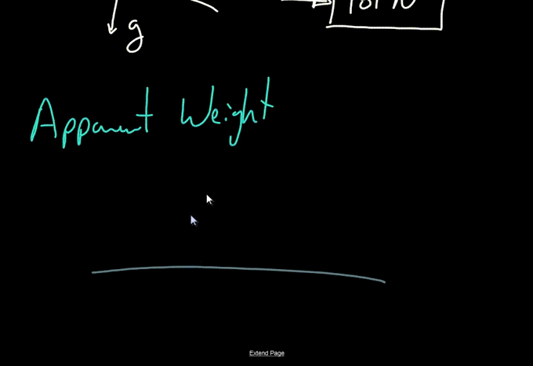Here's some object sitting on the surface of Earth, a nice square box. We know that there is a force of gravity acting on here, which we call weight. And we also know that the ground pushes upward on the object to not allow this object to accelerate through the ground. We call that the normal force.